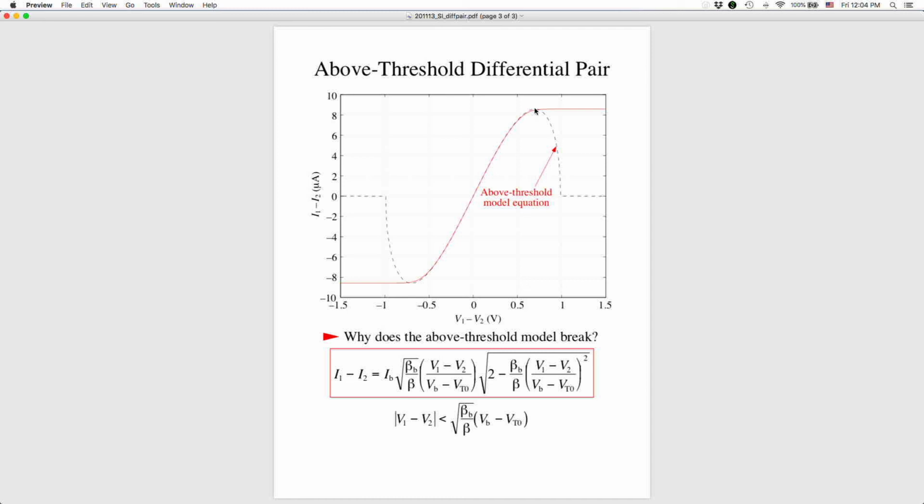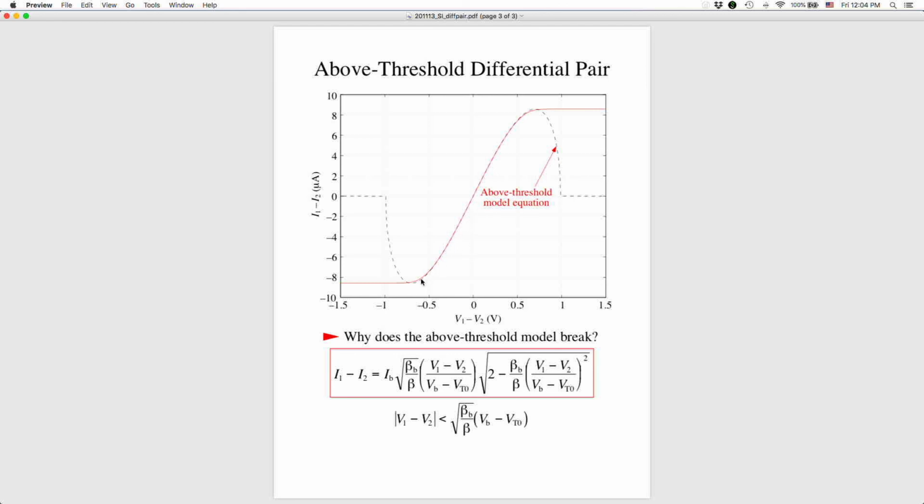And at that point, our initial assumption that the I2 current is described by the above threshold model becomes invalid. And so M2 will be switching over into moderate inversion and into weak inversion by the time we get up here. And so that strong inversion model no longer applies and no longer well describes what's going on in the transistor. And so that's why we get this turning around and eventually it going imaginary.